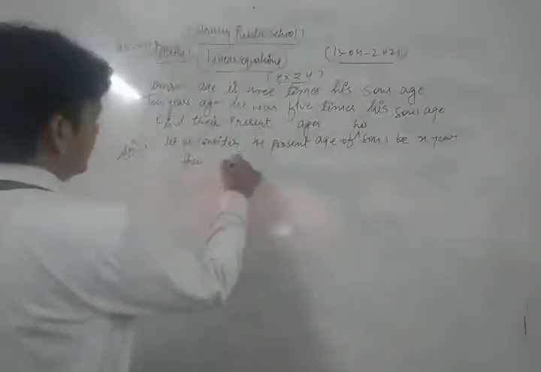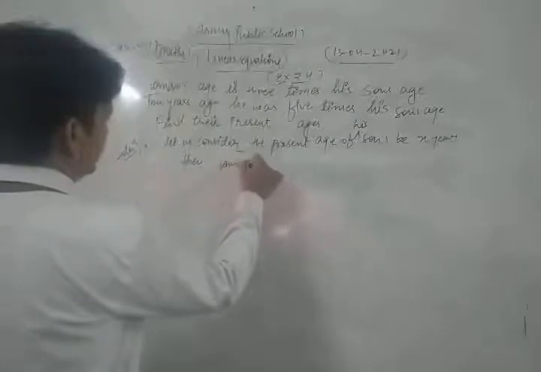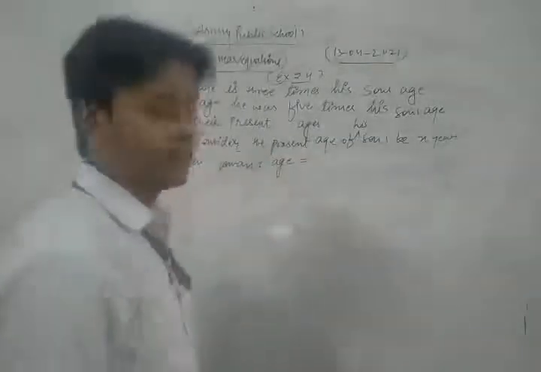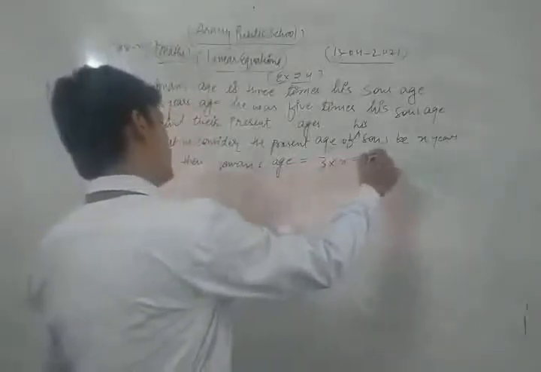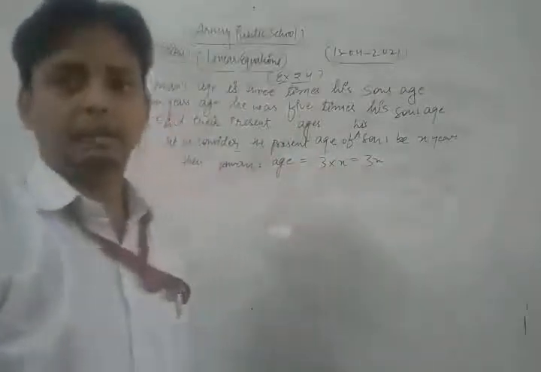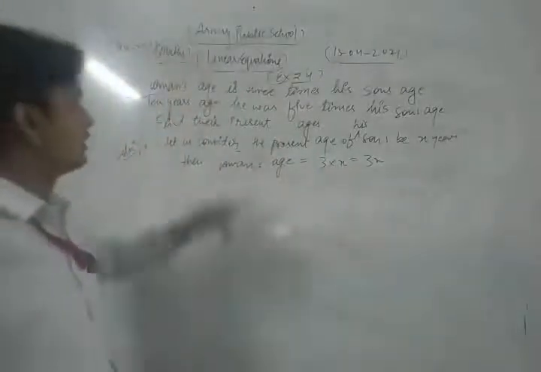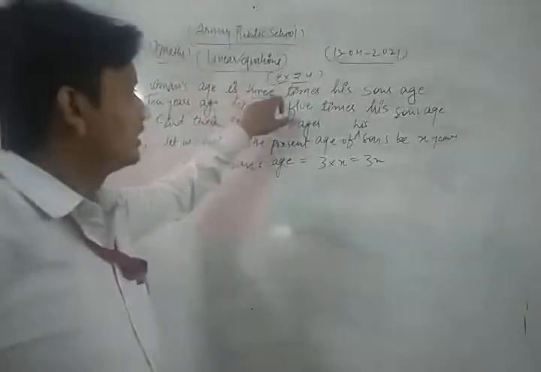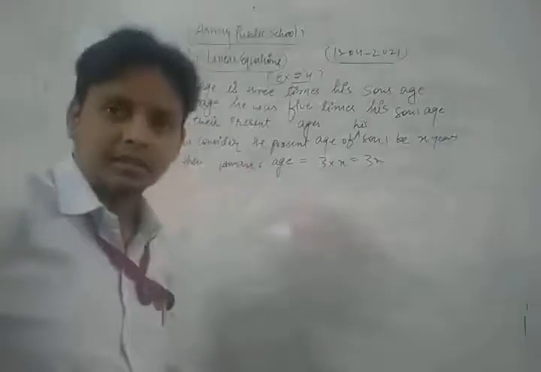Then Aman's age will be 3 into x, that is 3x years, because according to the question, Aman's age is 3 times his son's age.